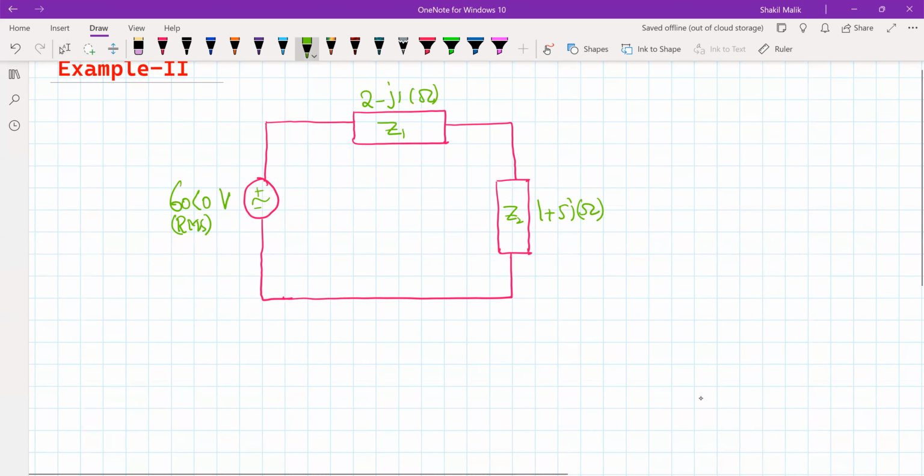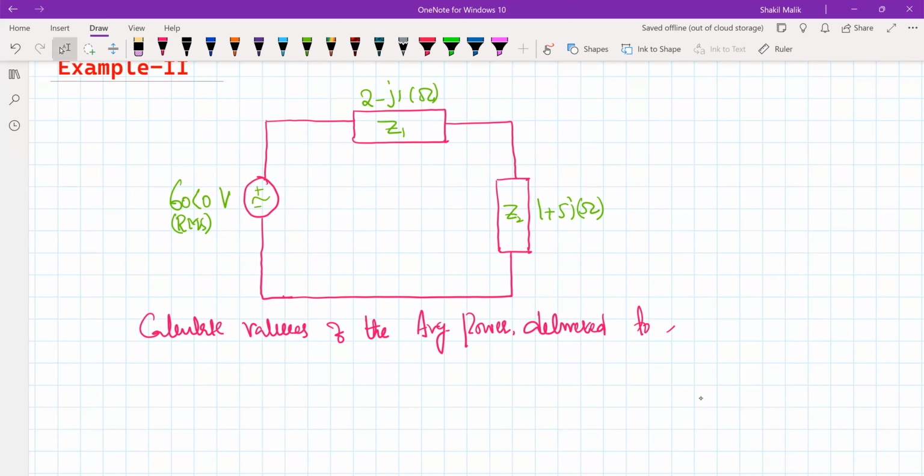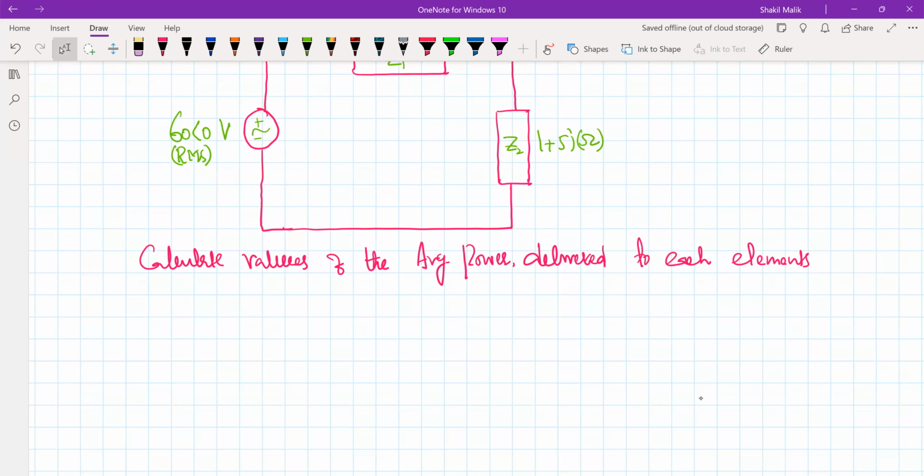So our goal is to calculate the values of the average power delivered to each element. Each element means impedances Z1 and Z2. How much is the average power delivered or consumed by these two elements?